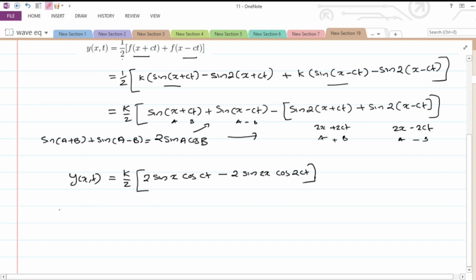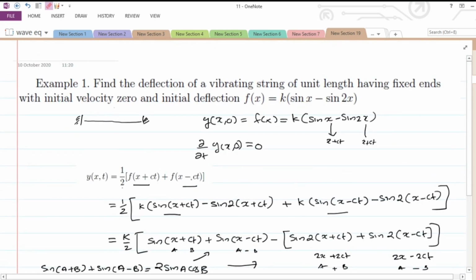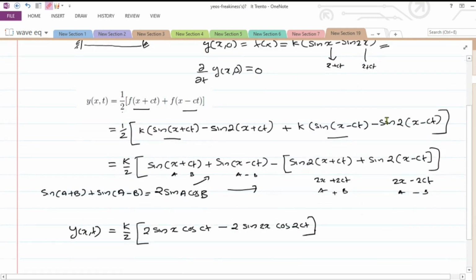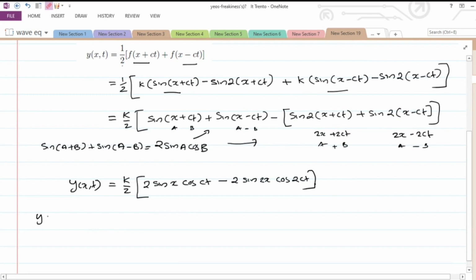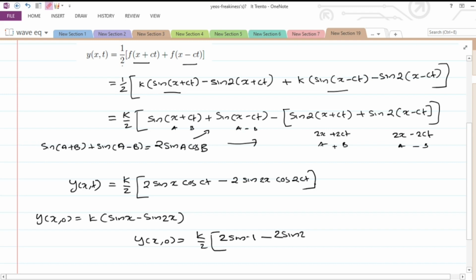So we can check whether this satisfies the initial conditions. For that, first of all we substitute y of x,0 and we have to get k into (sin x minus sin 2x). Wherever you find t, you put 0. So y of x,0 is equal to k by 2 into (2 sin x cos 0 minus 2 sin 2x cos 0).